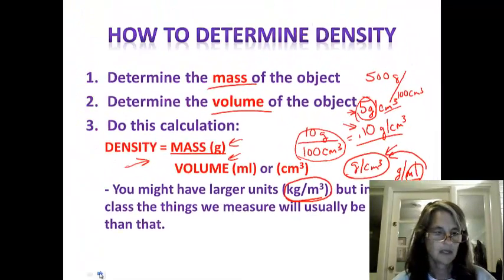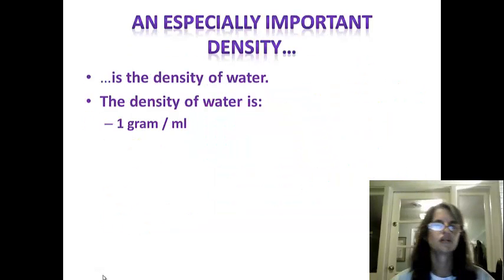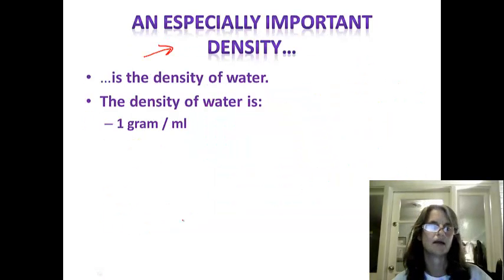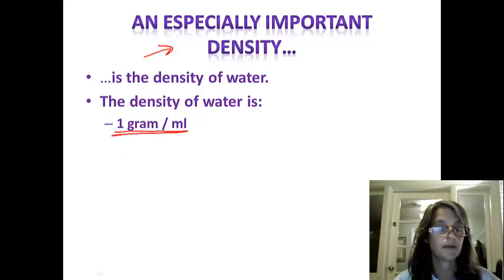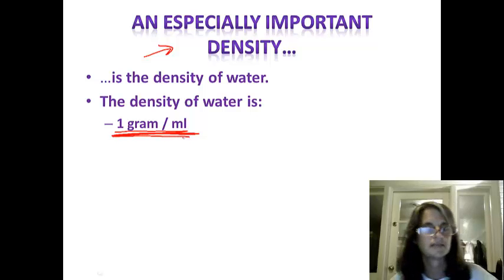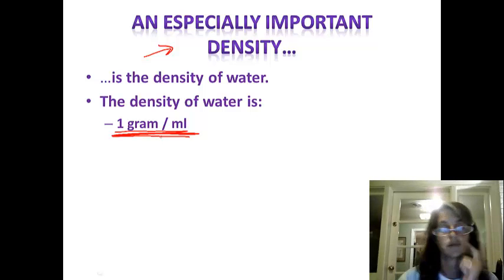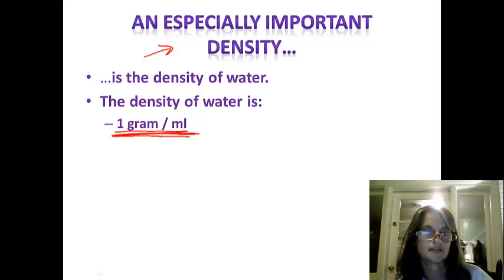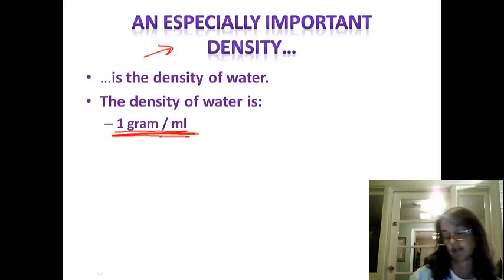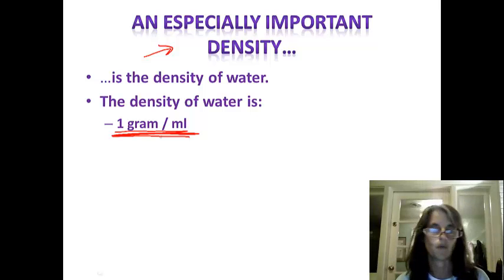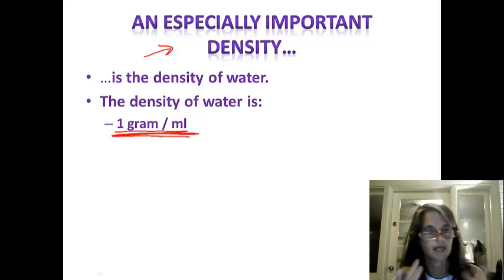Okay, so an especially important density to keep in mind, something that is easy to remember and common everywhere, is water, and its density is 1 gram per milliliter. So if you have a milliliter of water, you will know that its mass is 1 gram, and that is water's density. And so we can compare other things to that. Is an object more dense than water or less dense than water? And that's useful. It helps us understand something about that object.